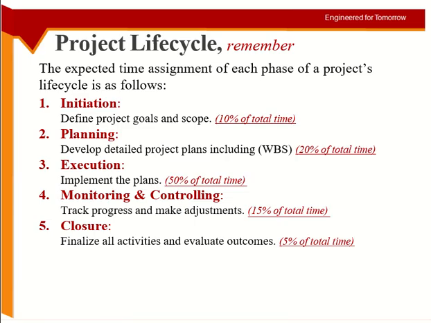For a specific project, you may have more time in execution and less in monitoring and controlling, or more time in planning. But this is what we have already covered: the different phases of the project life cycle and how the time is expected to be divided.